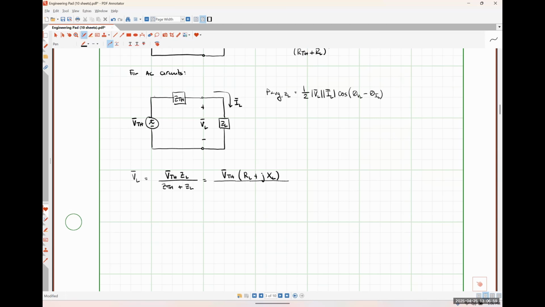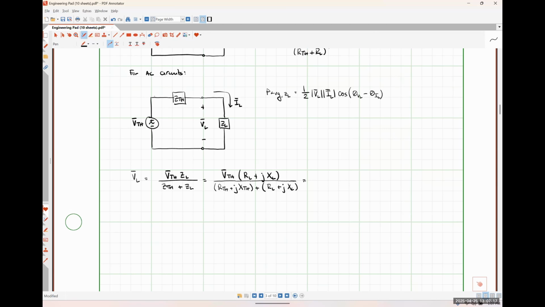And then down here, I'm just going to split my Thevenin impedance up into its real part, RTH, and its imaginary part, XTH, and my load impedance back into RL plus JXL again.